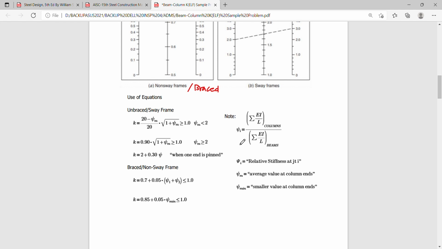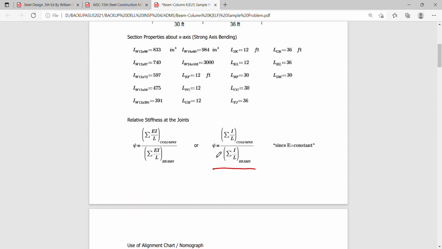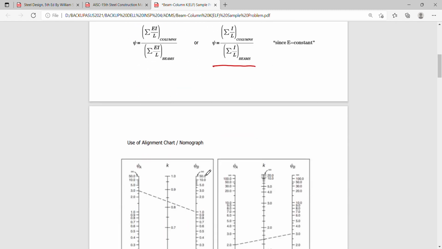Again, the value of psi is the same as the formula defined for relative stiffness at every joint, which will be used on the alignment chart.